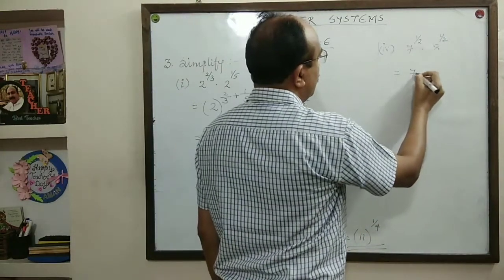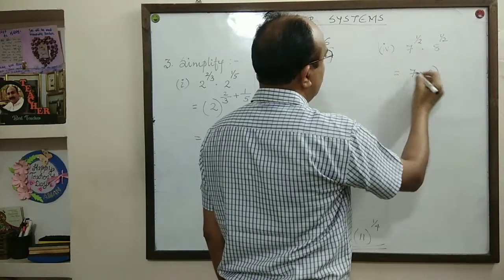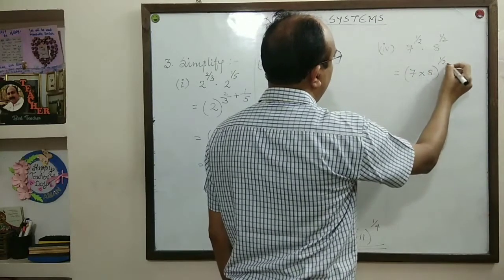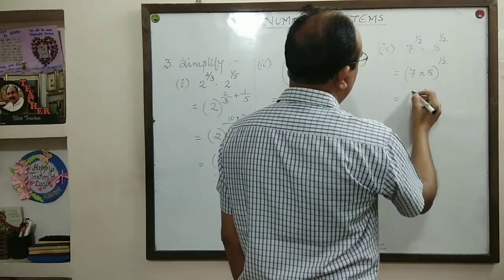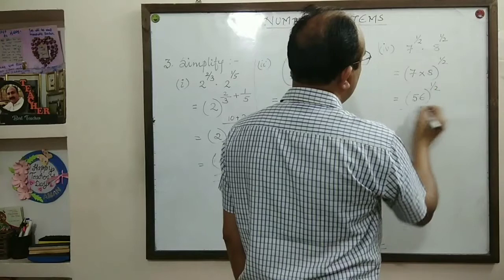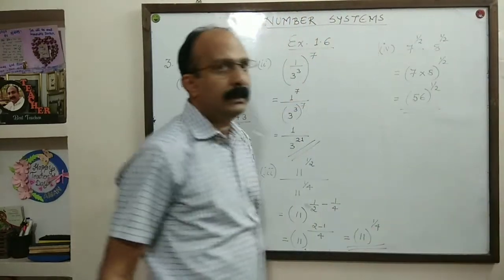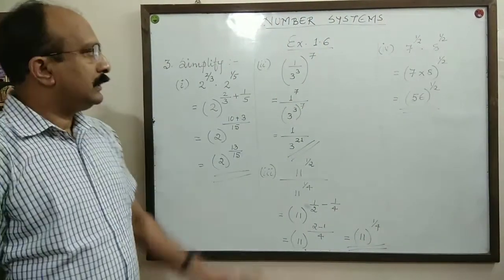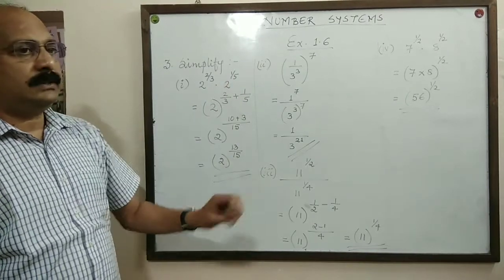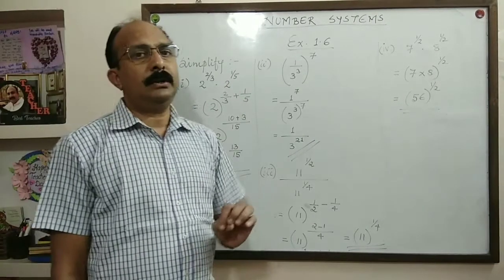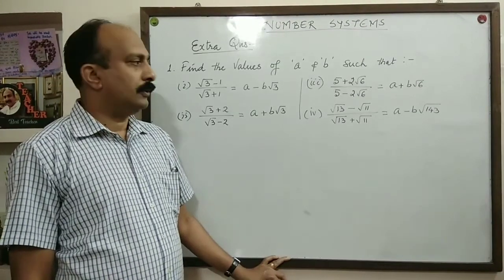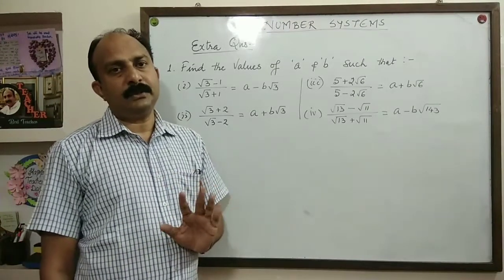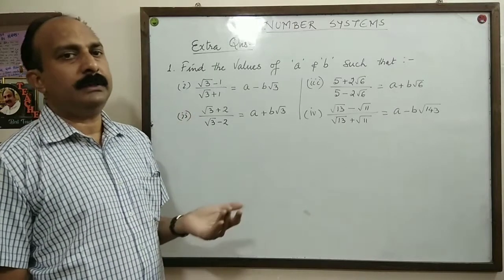So 7 into 8 the whole power 1 upon 2. That is 56 power 1 upon 2 is the answer. That's all. The last exercise is also over. So that is the end of chapter 1. So all the 6 exercises of chapter 1 got over.